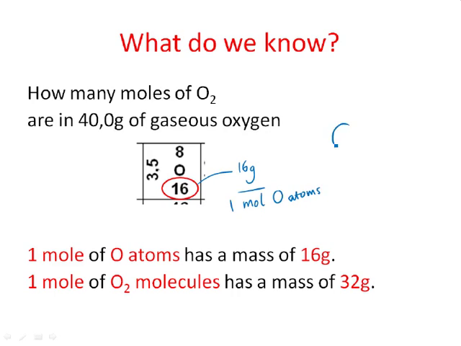But of course we know that in an oxygen molecule there are 2 O atoms. That's why the formula is O2. And so a mole of O2 molecules will have a mass double that of a mole of O atoms. A mole of O2 molecules has a mass of 32 grams.